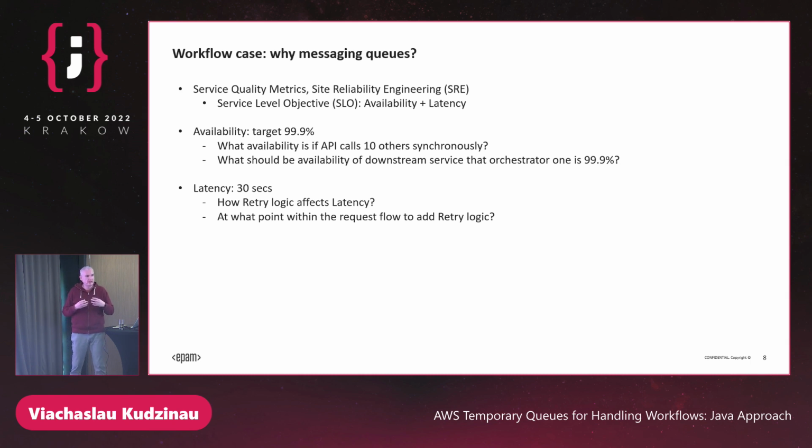So we, as a team, are monitoring certain system qualities of our software, and we commit that our availability will be 3 nines. Okay, and then our latency should not exceed, let's say, 30 seconds. So this is our service level objective.